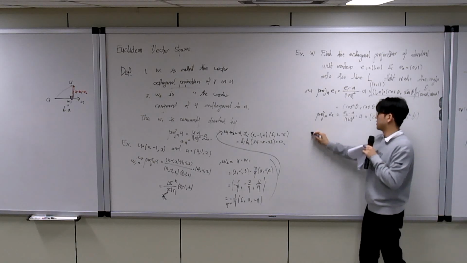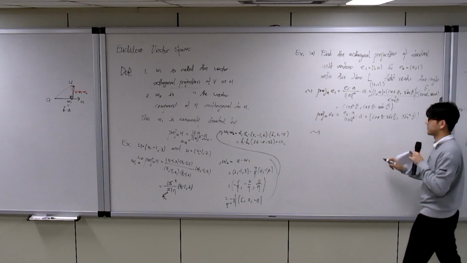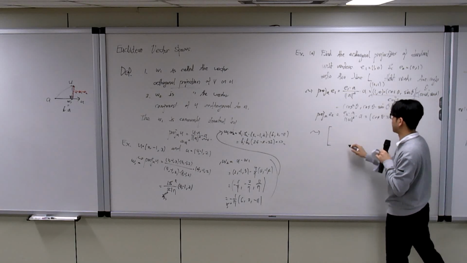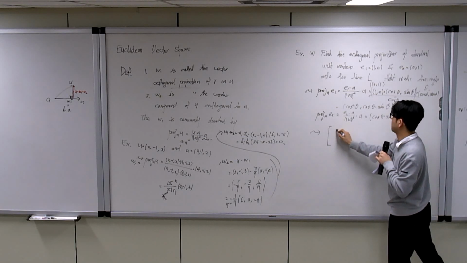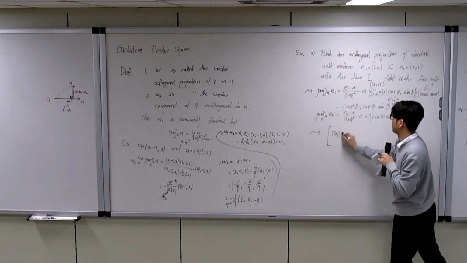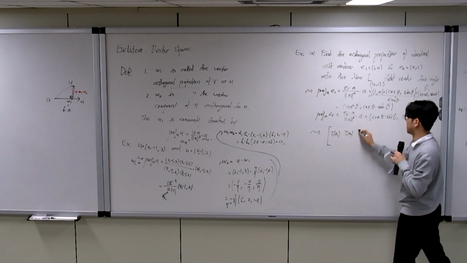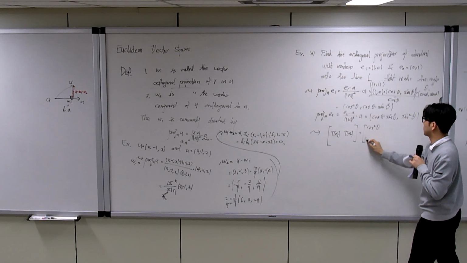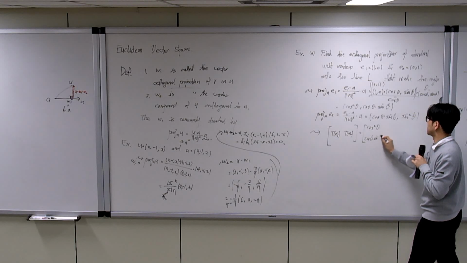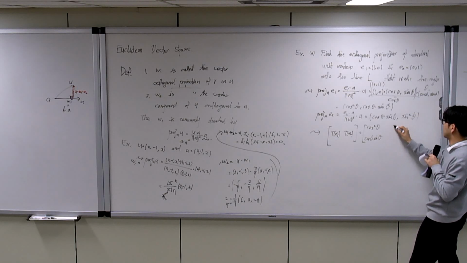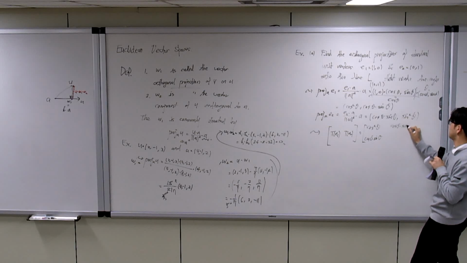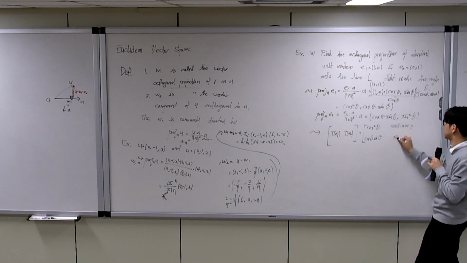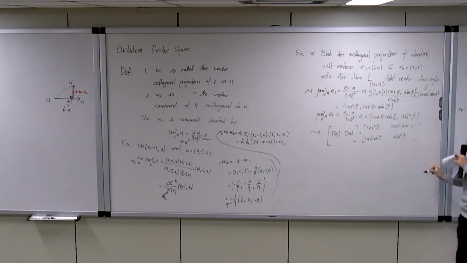We can denote it as a transformation in matrix form: T(e1) and T(e2) give the matrix with entries cosine squared theta, cosine theta sine theta, cosine theta sine theta, sine squared theta. It is the linear transformation that projects onto the line L.